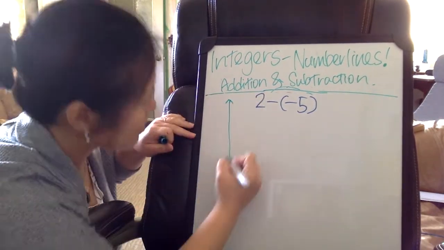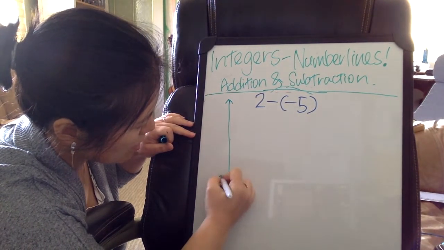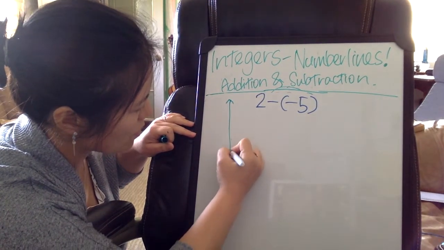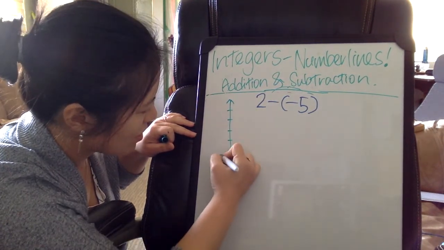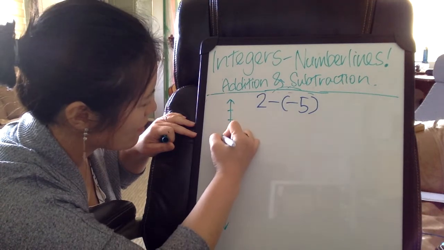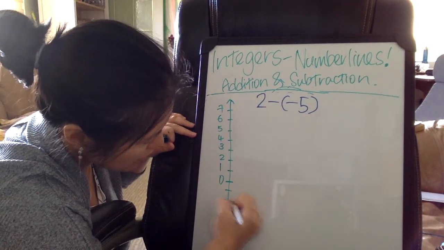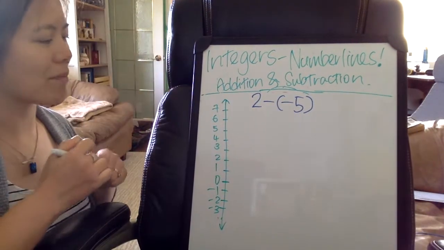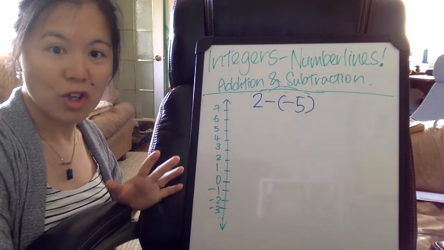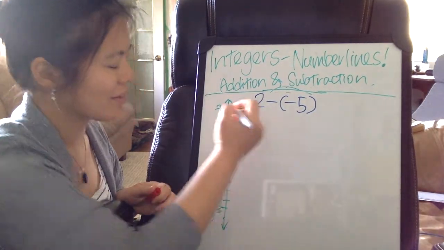You can see this? Yes, good. All right. Okay, so you always start with 0, which is good, right?